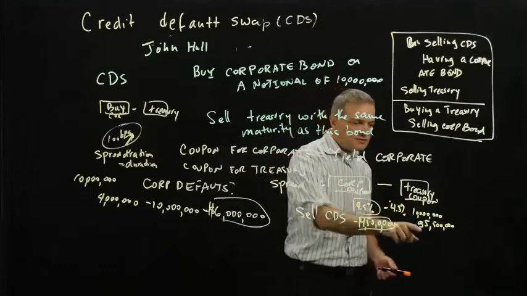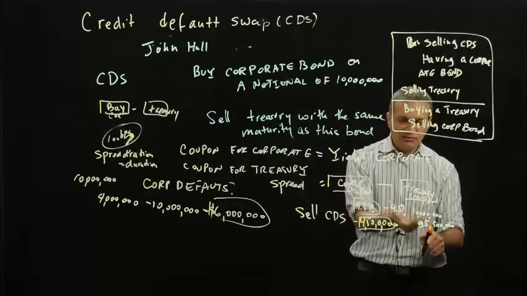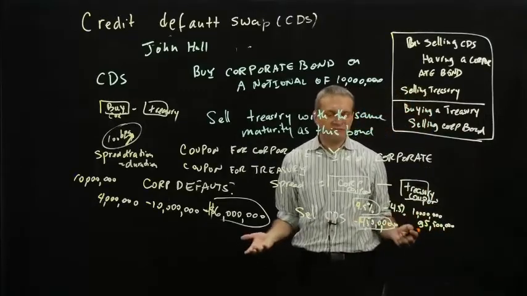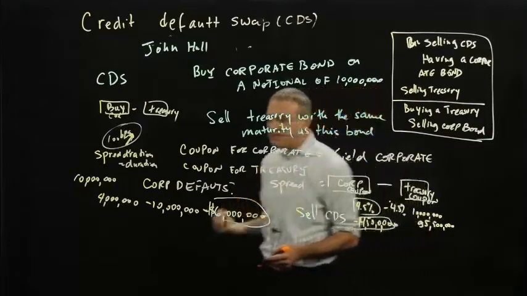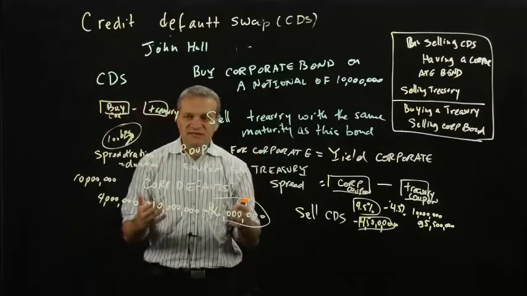So you have 95 million coming from here, you subtract the 100 million, and you lose 4.5 million. So that's what's happening when you have a portfolio of corporate bonds, of CDSs, and the spread goes up.